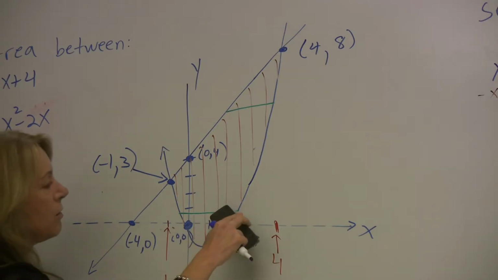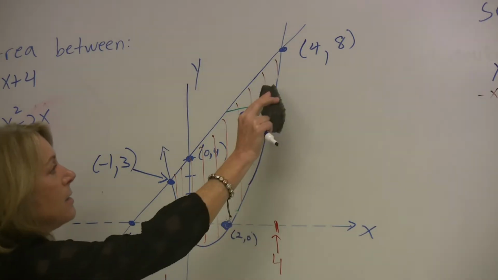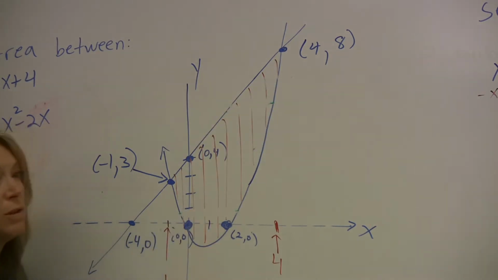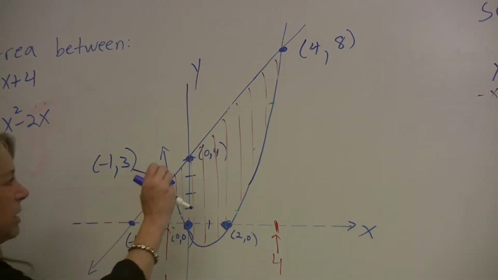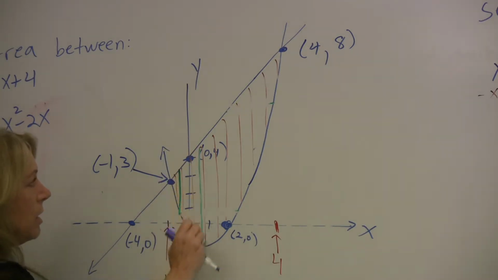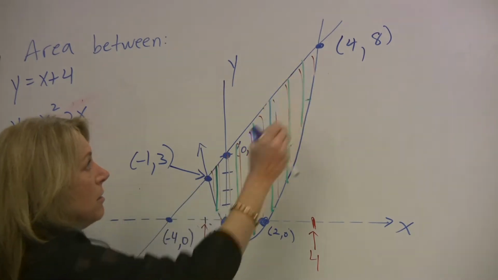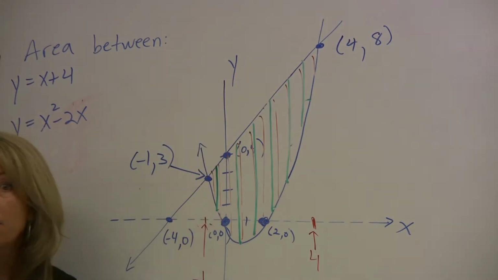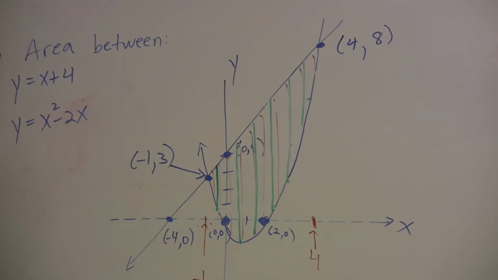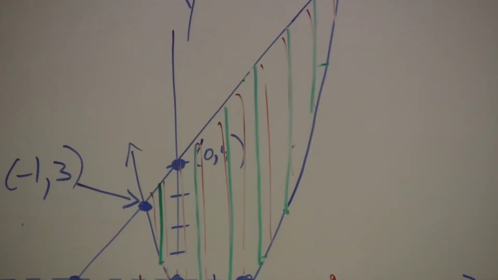Now, if I draw vertical lines instead, will I always touch two different functions? Yeah. Here's one here, here's one here. All these vertical lines touch this one on the top and this one on the bottom. See that?